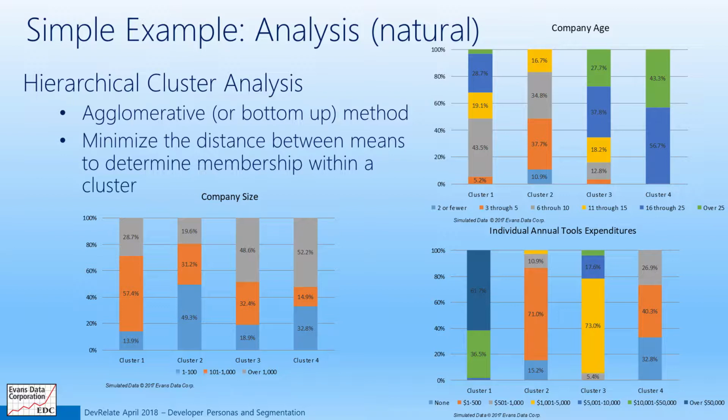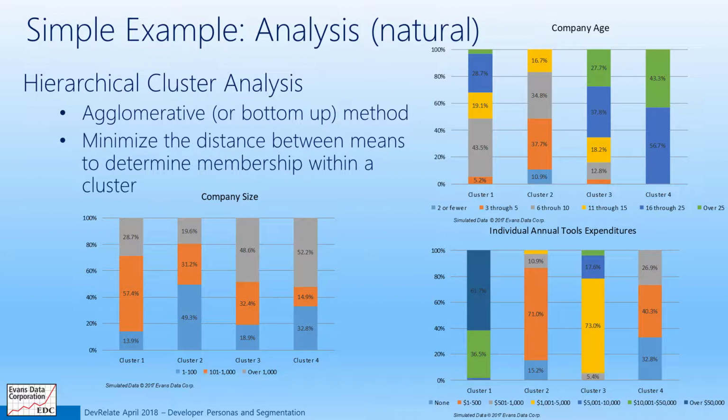And once that survey is fielded and we ask all these demographic and firmographic questions, we get the results and we do a cluster analysis on the results to see if there are any groups of developers that are most like each other within that research.